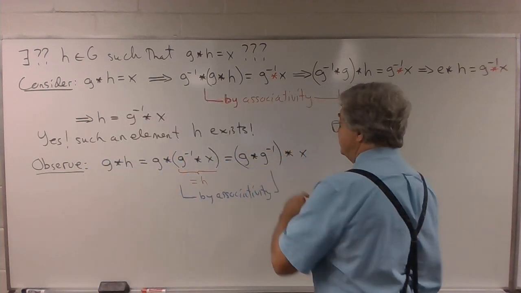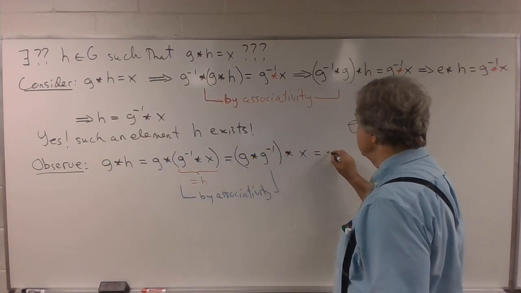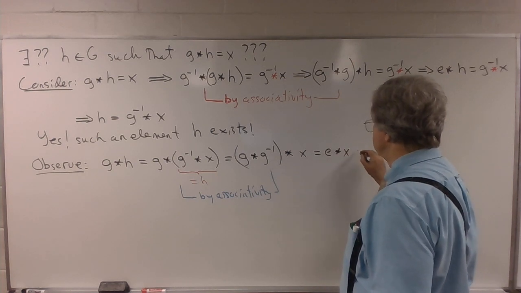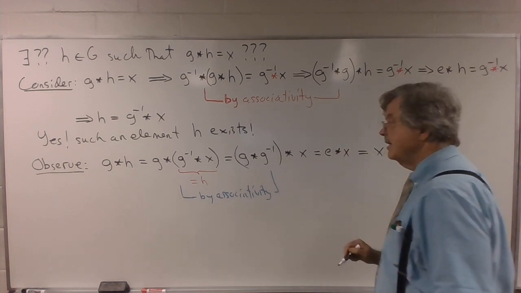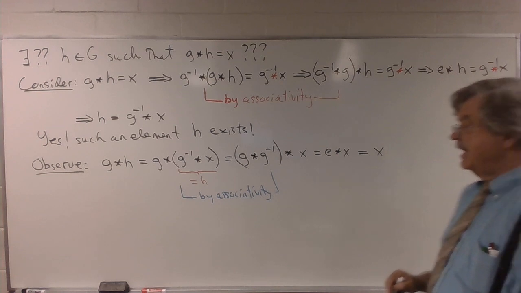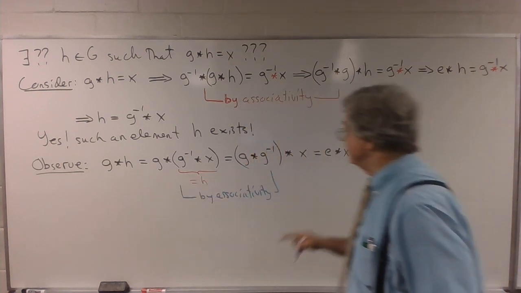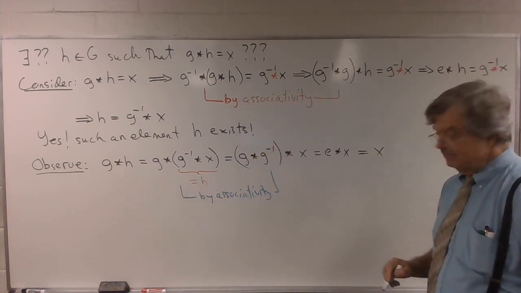And g star g inverse is just the identity. And so there we have it. g star h equals X.